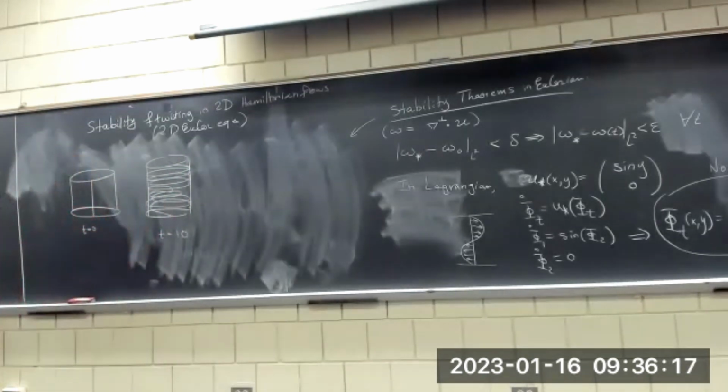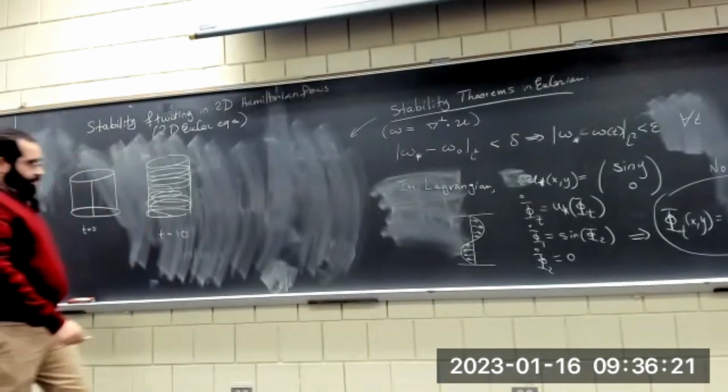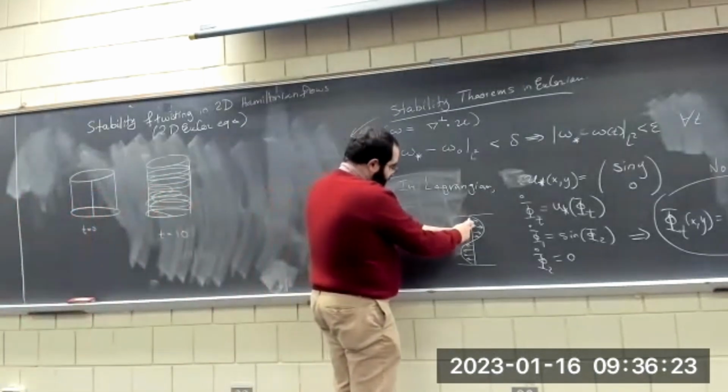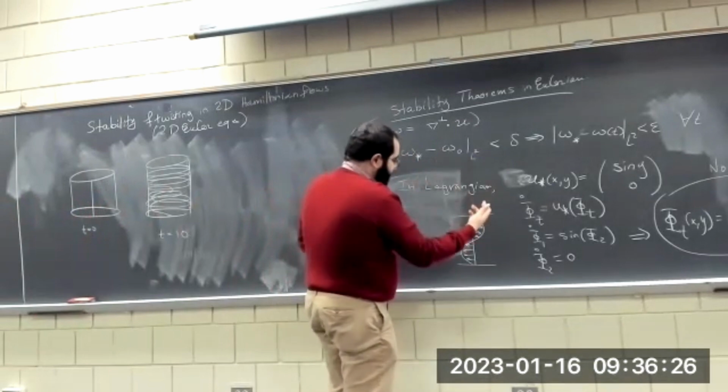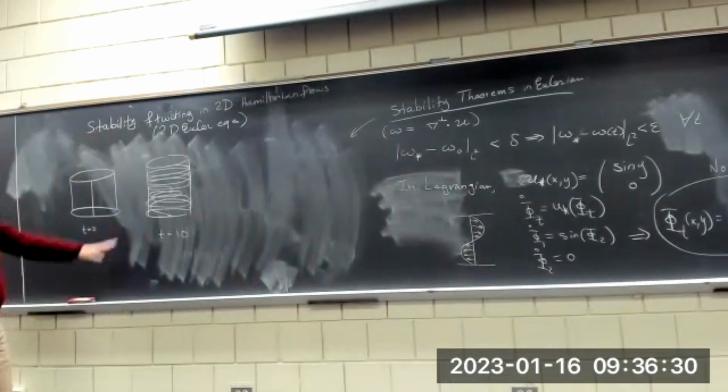Maybe that picture wasn't so clear, but you get some spiraling, because after a long time these particles go round and round, but they're going around at different speeds. So you get some spiraling.